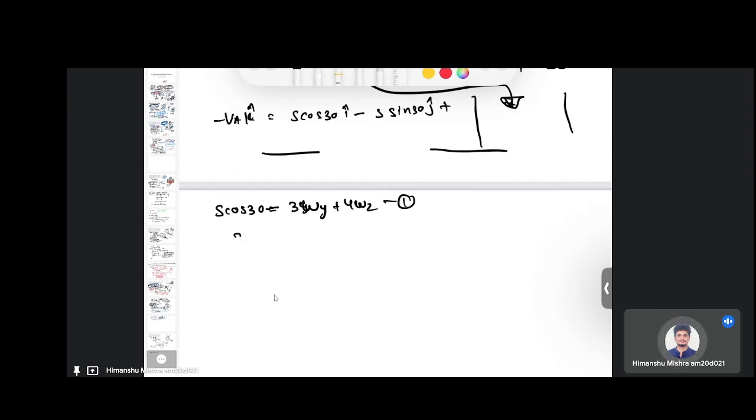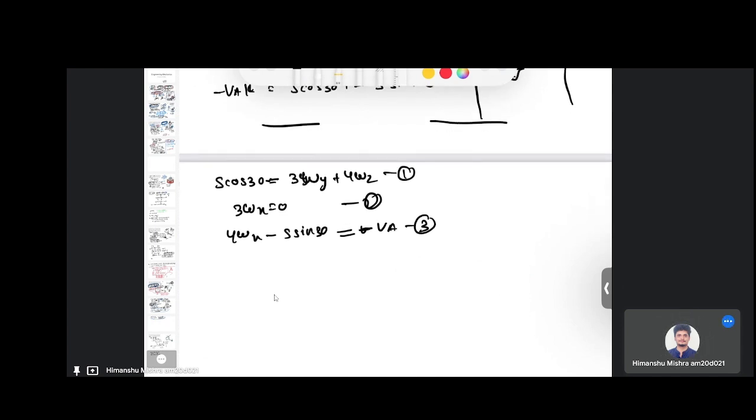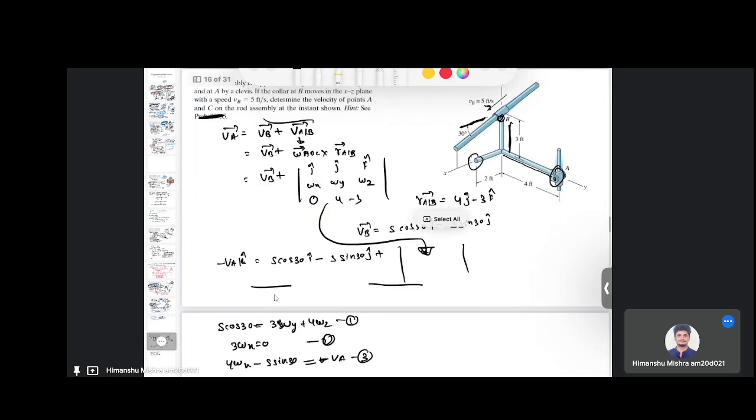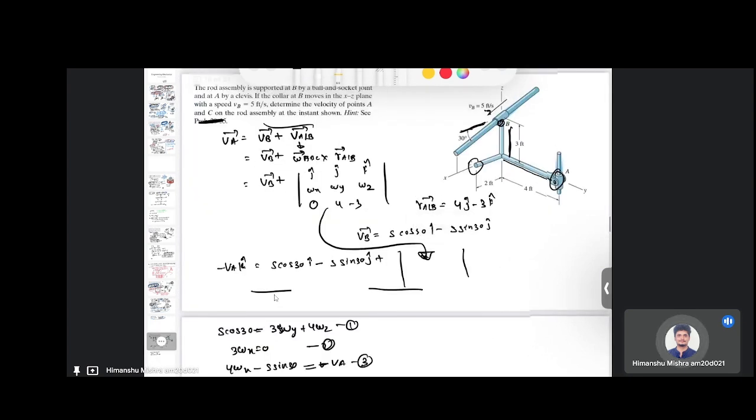In the y direction it is 3 omega x equals 0. In the z direction it is 4 omega x minus 5 sin 30 equals minus Va. So as usual, 4 unknowns and 3 equations. So you can use the vector property again.